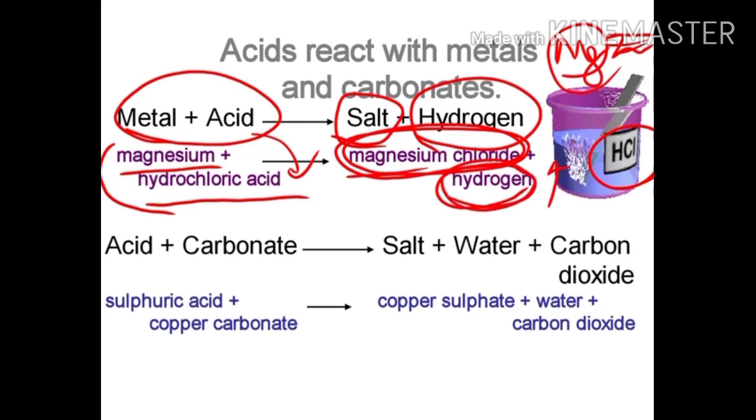Many times you will come across the need to check whether the gas is carbon dioxide, oxygen, nitrogen, or which gas is coming out. If it is giving a pop sound, you can say it is hydrogen gas. If the burning splint gets extinguished, you can say carbon dioxide gas is present.